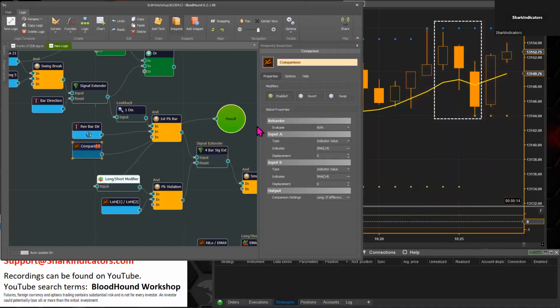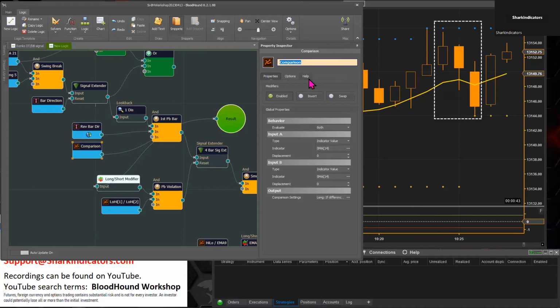All right, so this comparison solver, for a potential long trade signal, if the highs move lower, then that's also the first pullback bar, and vice versa. If the low moves higher, that's for a short signal.